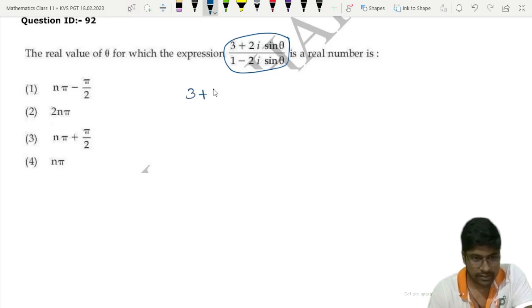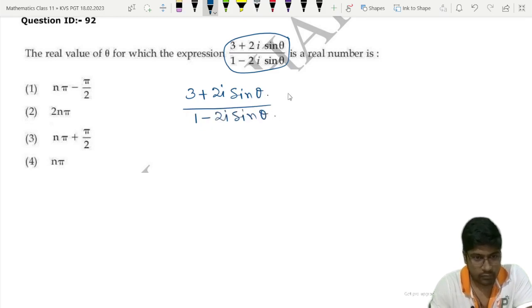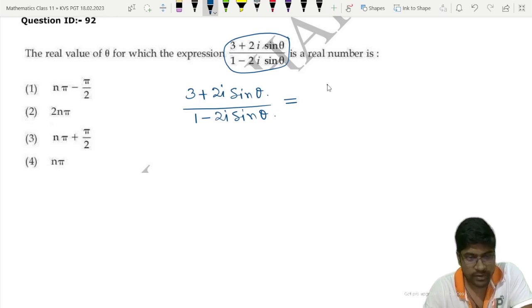So we have 3 plus 2i sin theta divided by 1 minus 2i sin theta. What we will do is multiply the numerator and denominator both by 1 plus 2i sin theta.